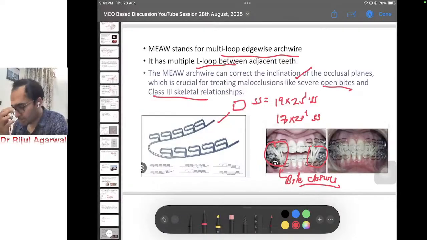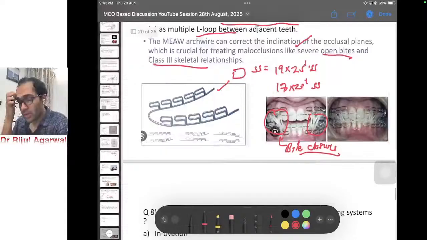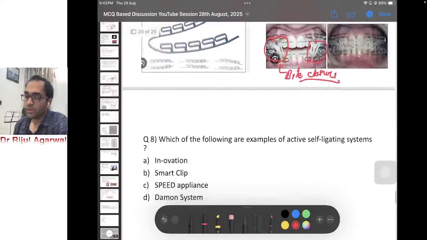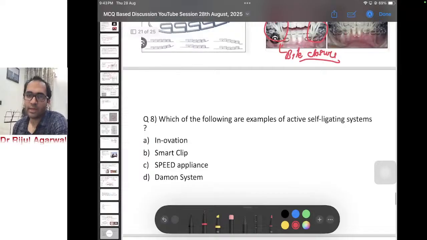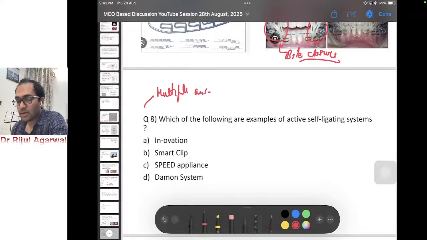Again I'm saying, try to answer the question so as to help you gain confidence. Which of the following are examples of active self-ligating system? Since the questions are set by me, this question has multiple correct answers.